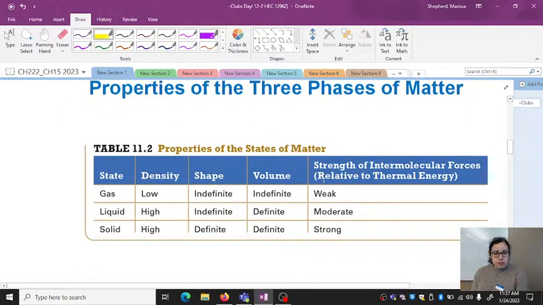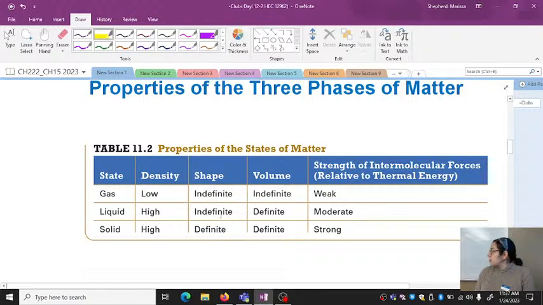Now we'll look at our three phases of matter. If something is a gas, that usually means it has a low density. We know the shape is indefinite, the volume is not defined, and that probably means there are weak intermolecular forces, because if it's a gas, they're far apart. That's why we ignored those intermolecular forces in our gas chapter. Once something is a liquid, it has higher density.